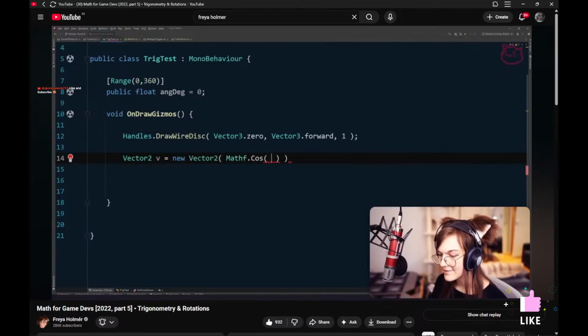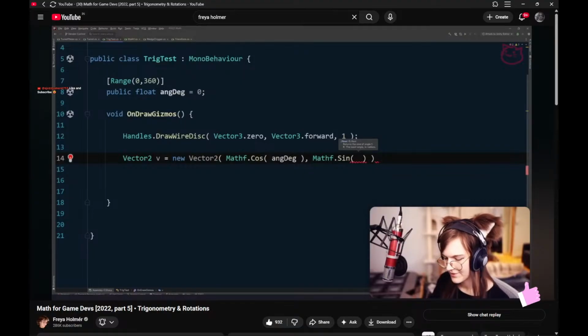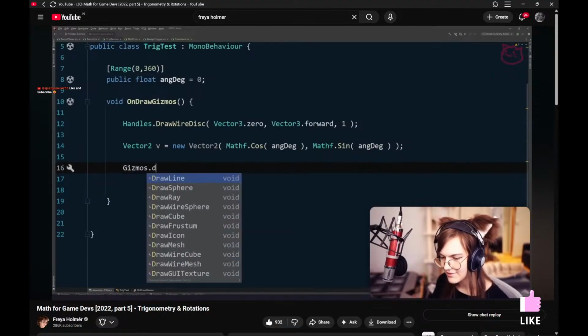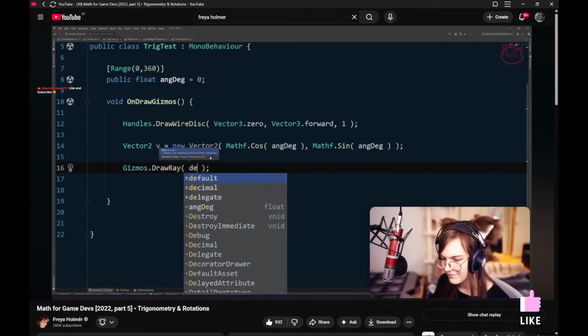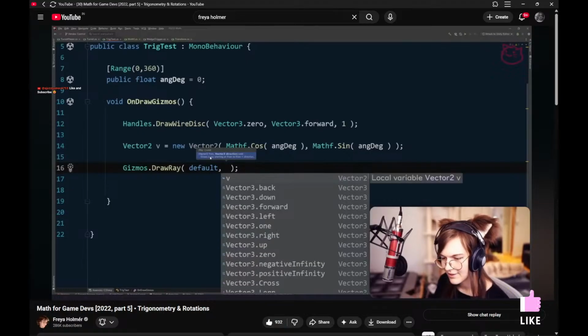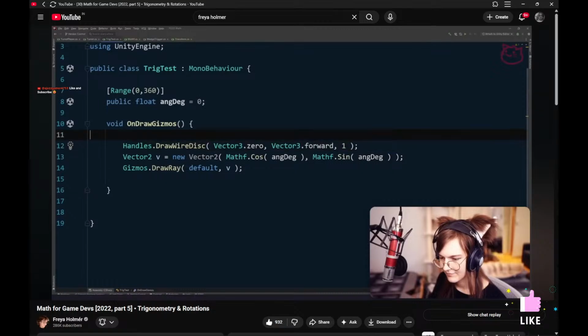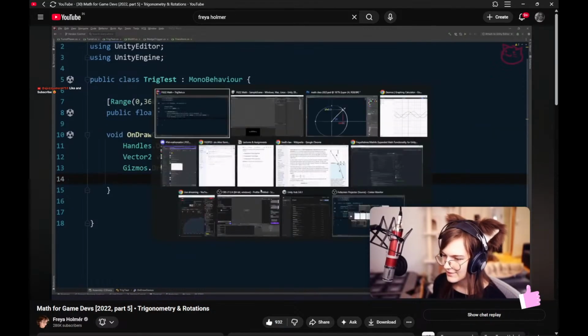So cosine is the x coordinate, so we'll pass the angle in there, and then sine is the y coordinate, so we'll pass the angle in there. Now we have the vector, and now we can do Gizmos.DrawRay from the origin, defaults to v. And that should be it to create our little rotating vector.